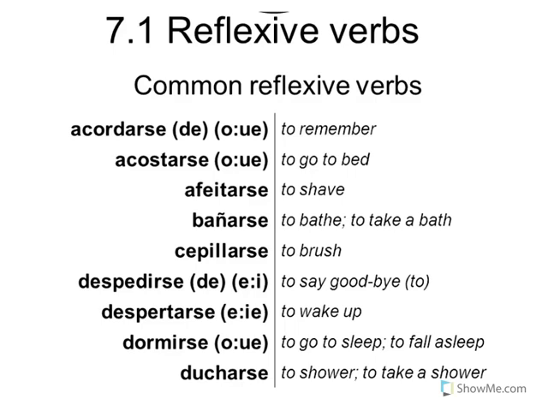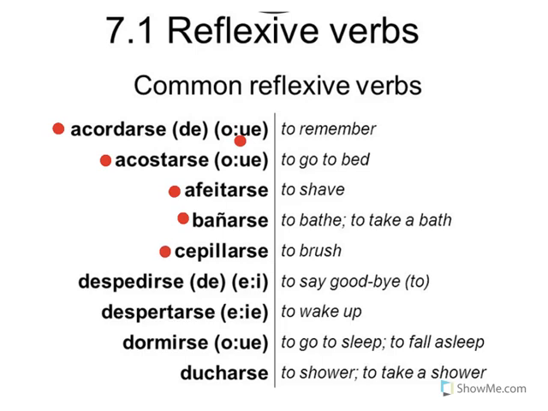Here you have some common reflexive verbs. You have here acordarse de, and you have ue in here because it will be the stem changer, so they will all conjugate with that. Acostarse, and again it's a stem changer. Afeitarse, to shave oneself. Bañarse, to take a bath.